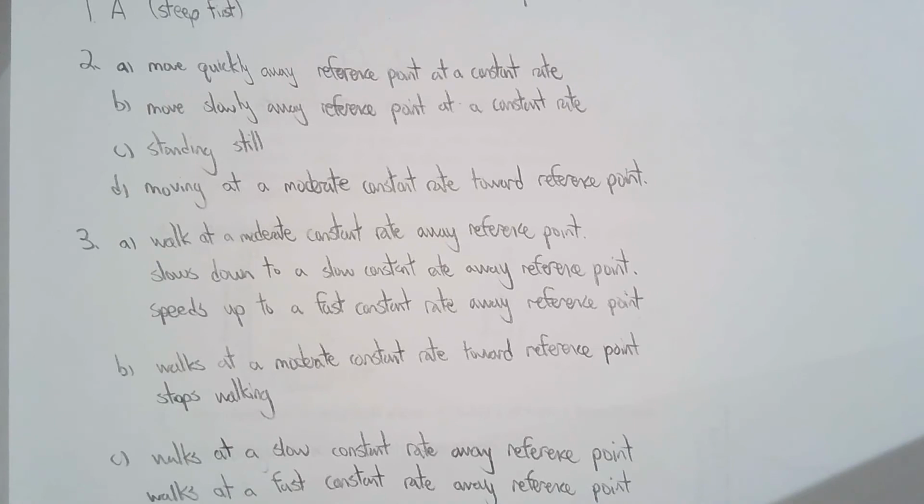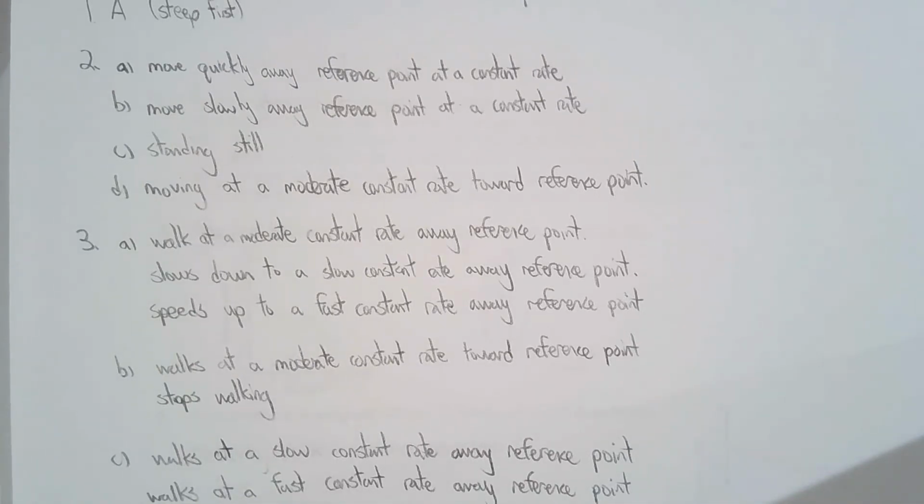I'm comparing the steepnesses. That's how I know when to use the word fast, slow, or moderate. Basically the steepest one is fast. The one in between the super steep and the flatter one will be moderate, and the flattest line segment will be the slow speed.